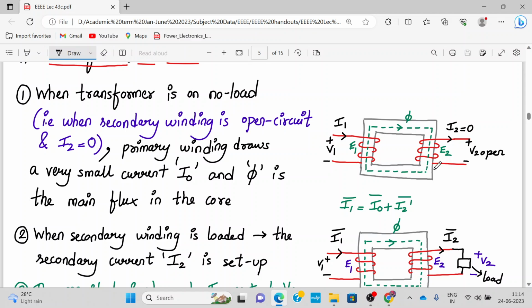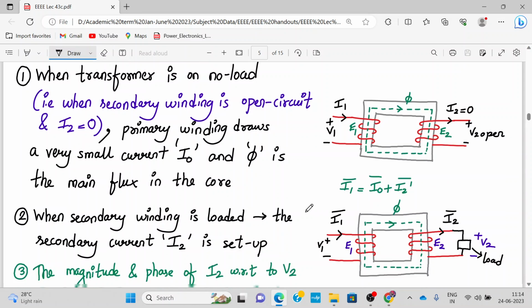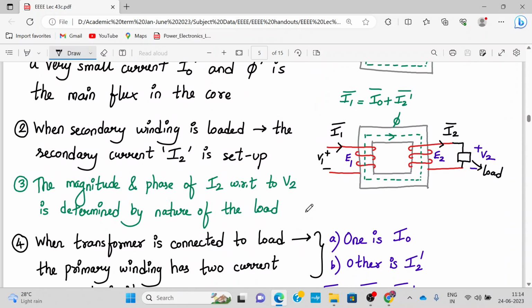V2 is open, that means the secondary is open, and we have not connected any load. So the secondary current I2 will be 0. And I1, the primary current, will be given by I0 plus I2 dash. Okay, we have seen this before. So when the secondary winding is loaded, the secondary current I2 is set up.